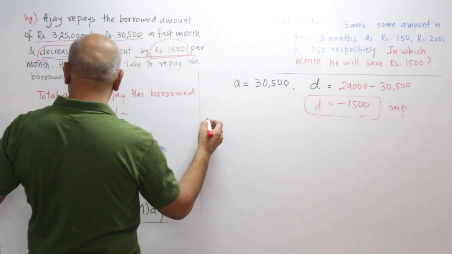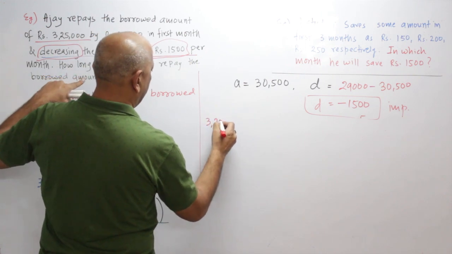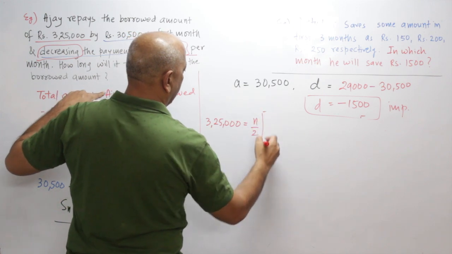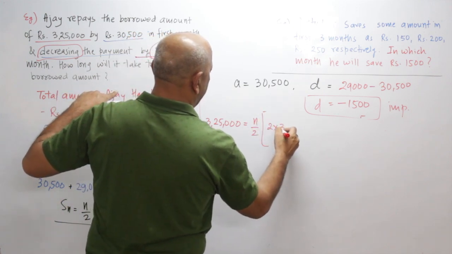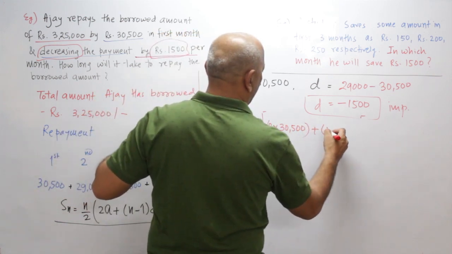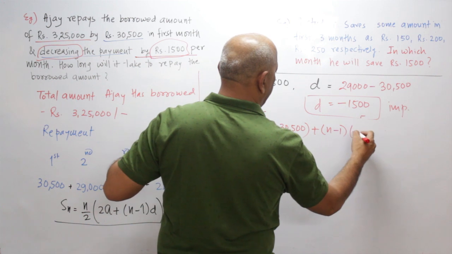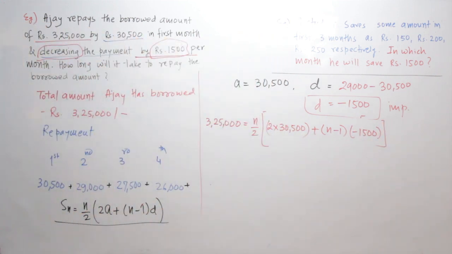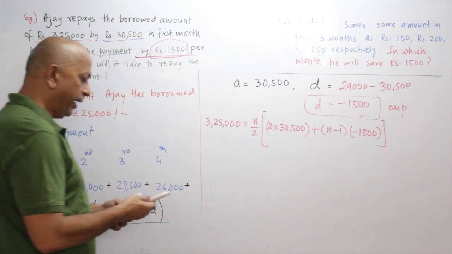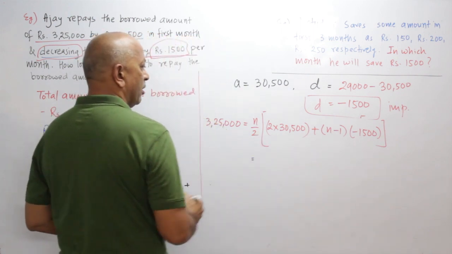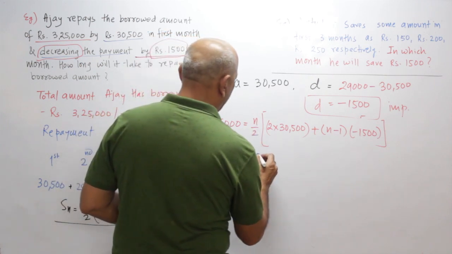So total sum is 3,25,000. That is equal to n, which we have to calculate, by 2 into 2 into A, which is 30,500, plus n minus 1, we don't know n, and D is minus 1,500. So now we have to solve this equation, and after solving this equation we can get the value of n. So let us do it. I'll take 2 on this side.